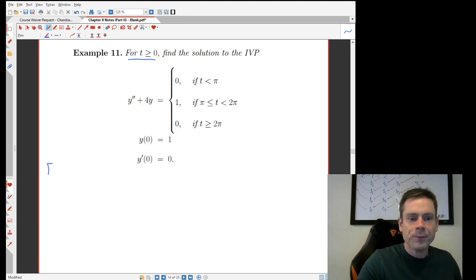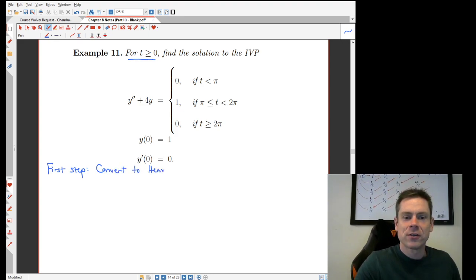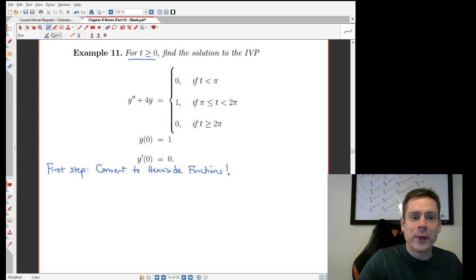So, first step, convert to Heaviside functions. That's essential so that we can actually take the Laplace transform. That's not hard.